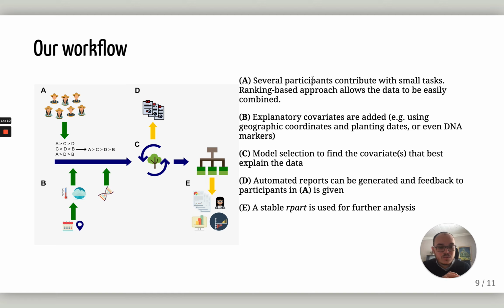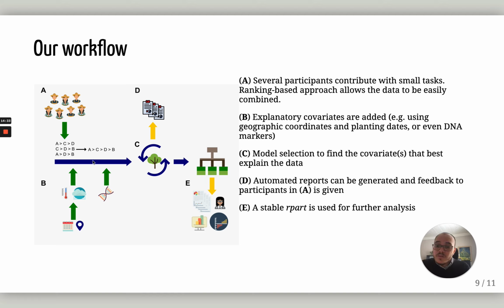Everyone wants to reach the same aim, but everyone contributes a small piece of the task. All the data is then collated and put together, because we have a ranking-based approach, which makes it quite easy to combine the data.